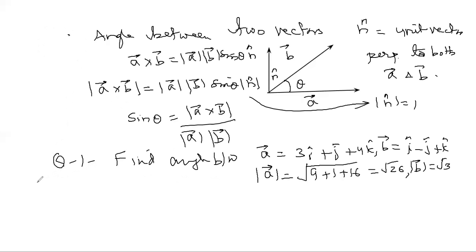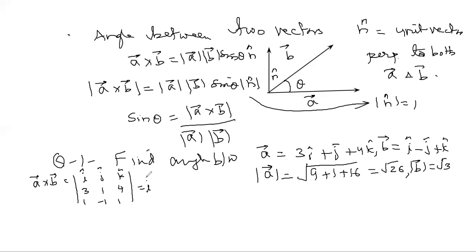In order to find A cross B, we have to write it in terms of a determinant. We will write i, j, k. The first row will be i cap, j cap, k cap, and the coefficients are 3, 1, and 4, and 1, minus 1, 1.